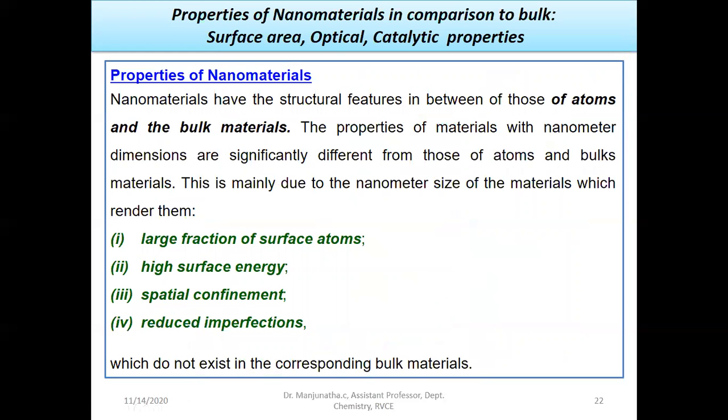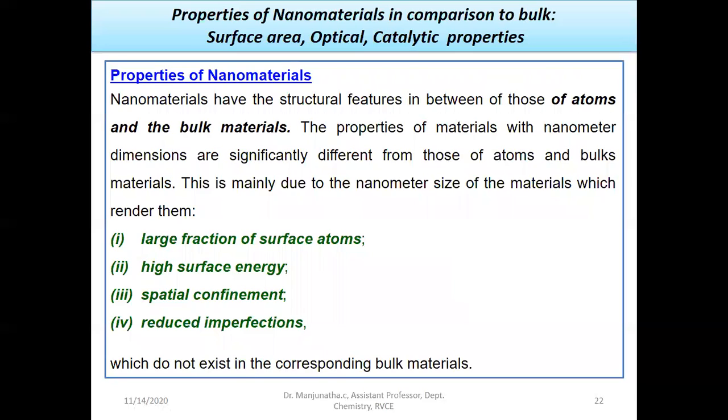Next, a very important property of nanomaterials is that nanomaterial is completely different from its bulk counterpart because its properties are completely changed. For example, gold is actually yellow in color, but if you go to the nano level, its color completely changes.